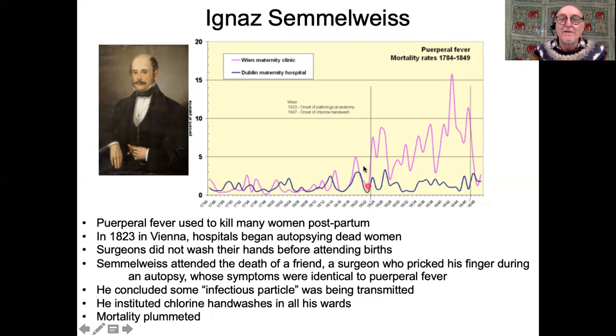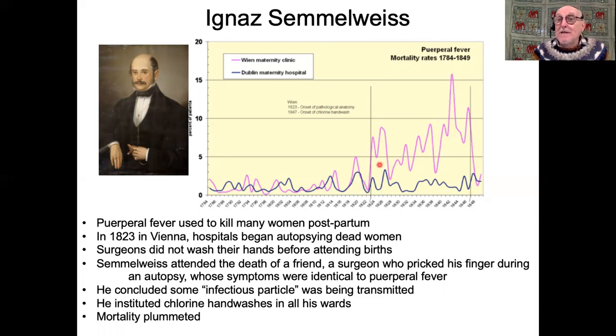Now, what made the difference here? The difference was that this hospital began doing autopsies on women who had died of puerperal sepsis. This had not been done before, but the autopsies were done by the same surgeons who were then going and delivering babies in the obstetrics wards.